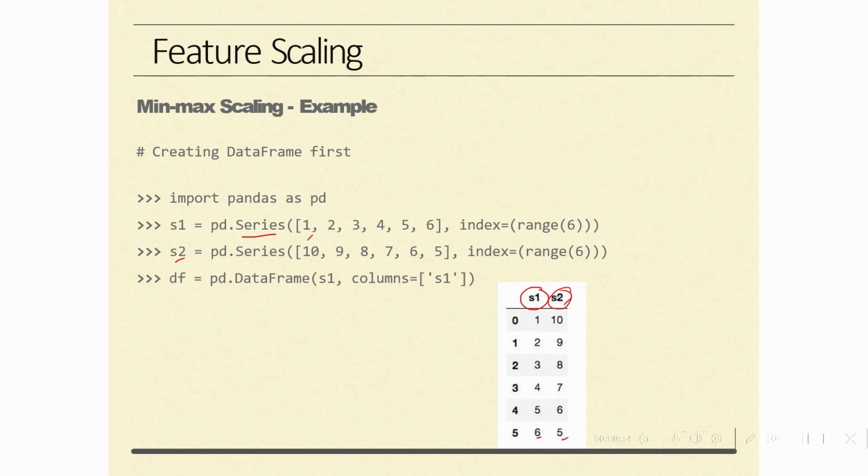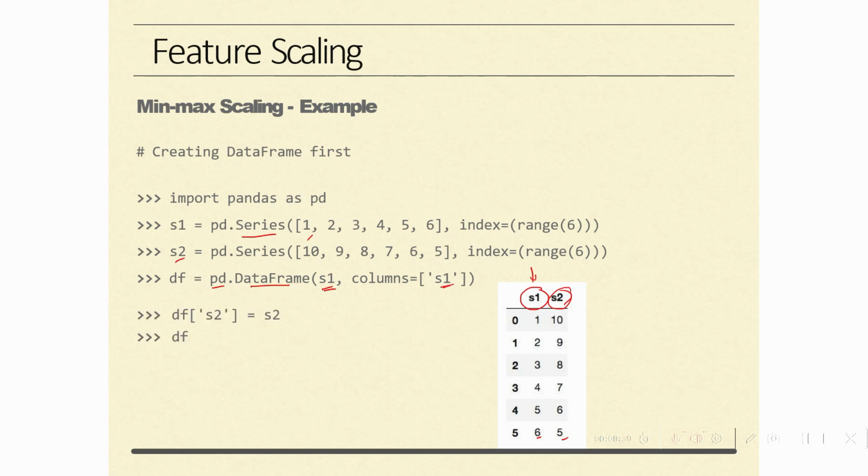This is our series of data, and then we create a data frame: df equals pd.DataFrame of S1 with columns equal to S1. That means the first column of the data frame has the column name S1.